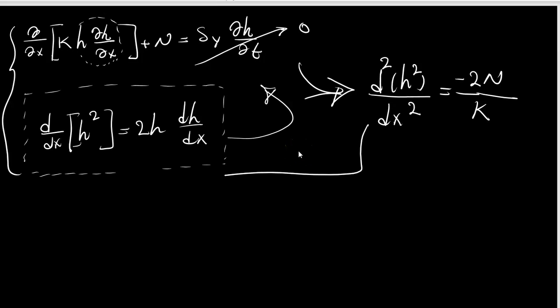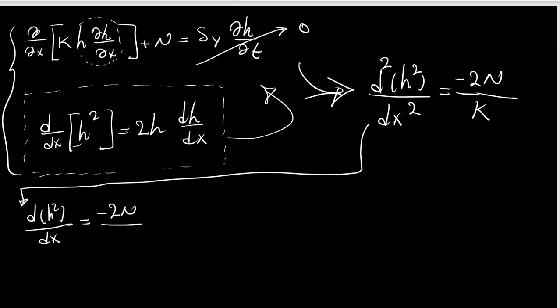If I integrate once, I can write d of h squared over dx is negative 2n x over k plus c1.